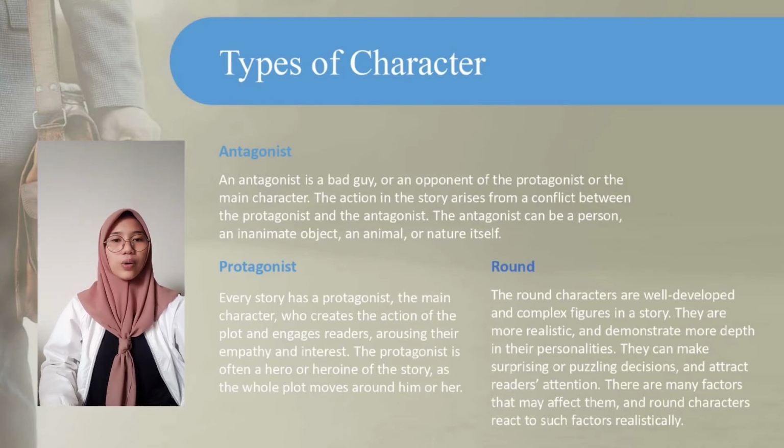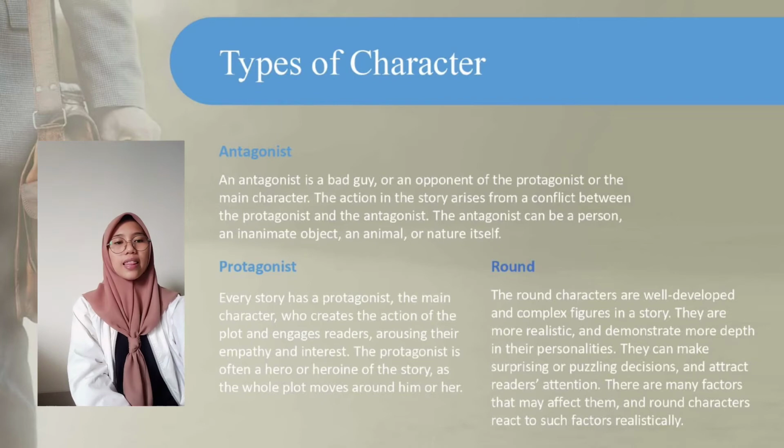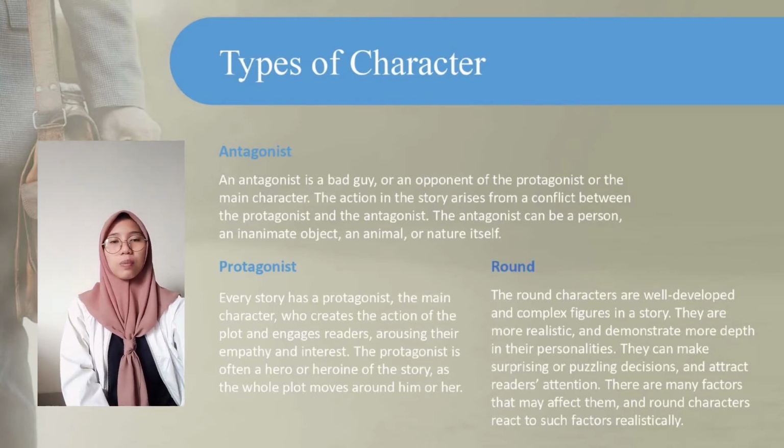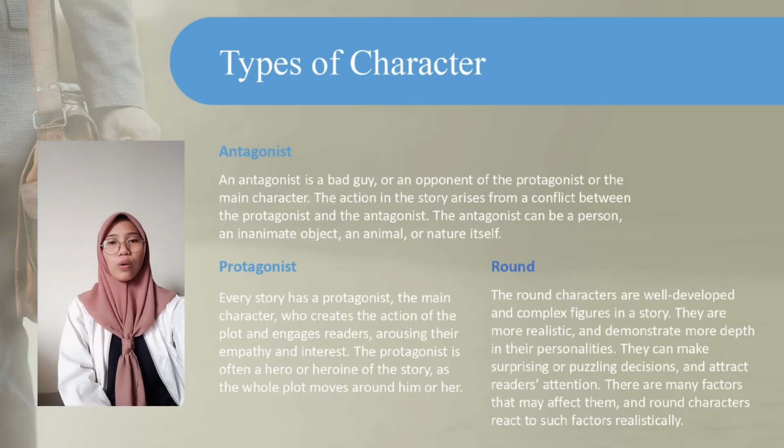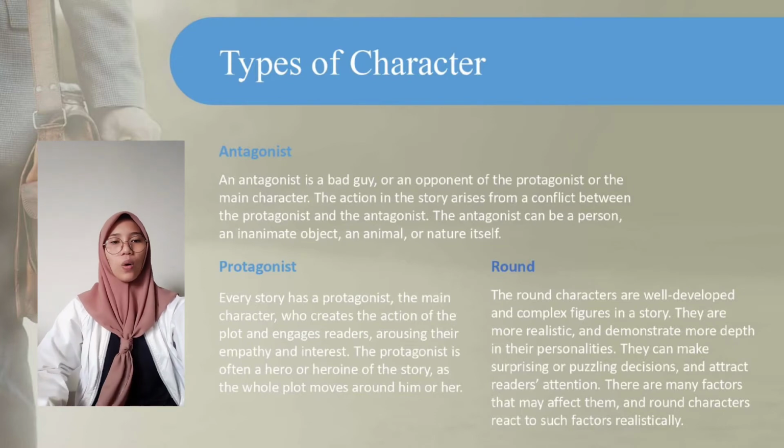Next, protagonist. Every story has a protagonist, the main character, who creates the action of the plot and engages readers, arousing their empathy and interest. The protagonist is often a hero or heroine of the story, as the whole plot moves around him or her. Next, round.